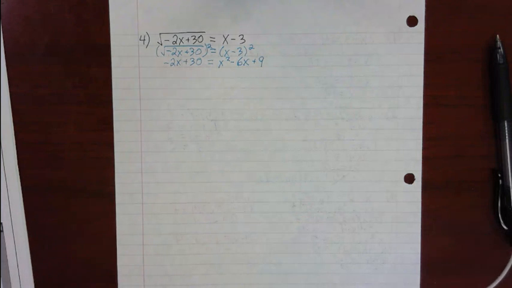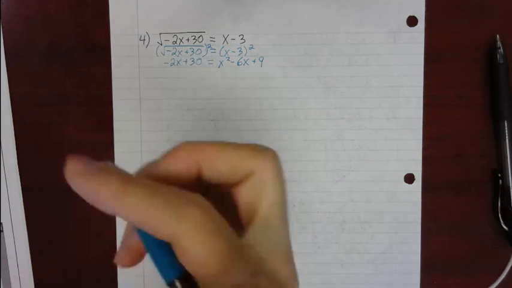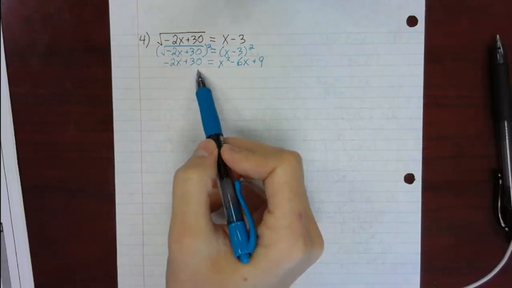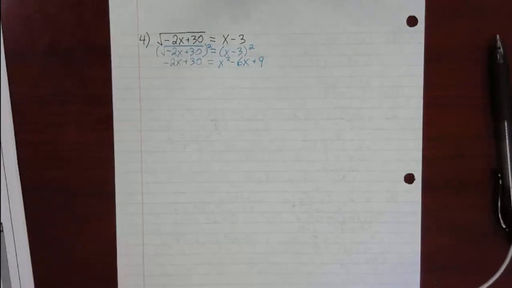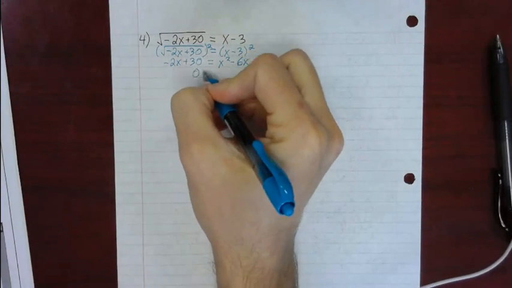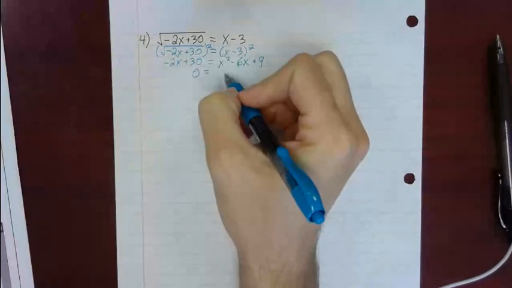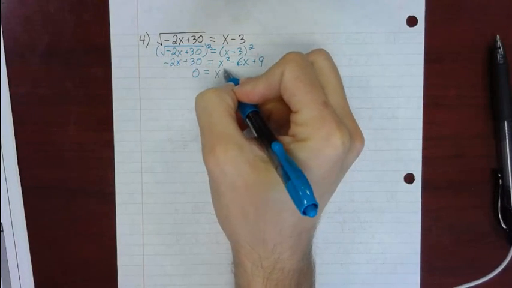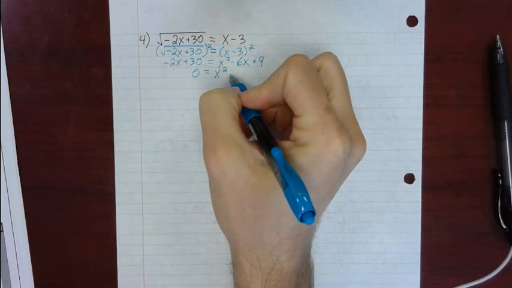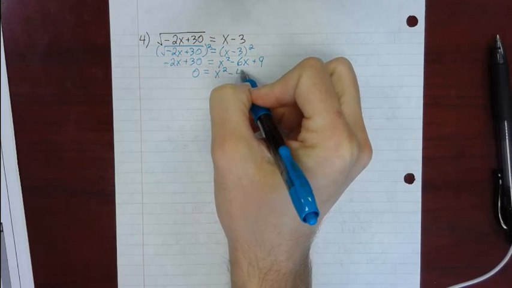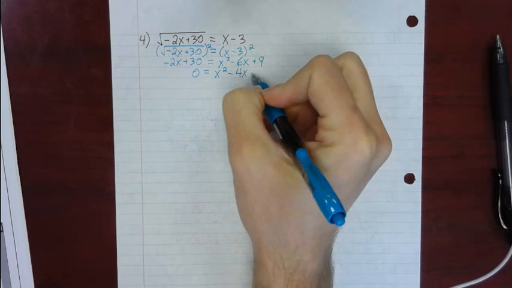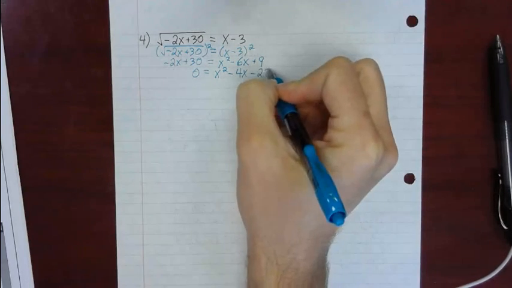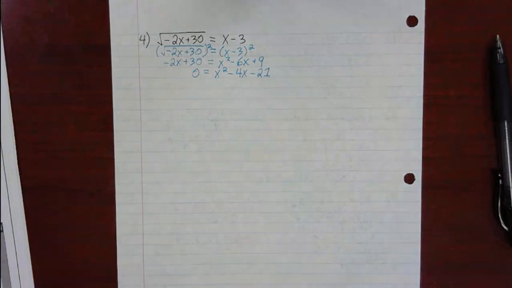Once again, we have a quadratic equation to solve. So I'm going to add 2x and subtract 30 from both sides of this equation. That would leave me with 0 being equal to x squared minus 4x plus minus 21. Now, once again, that's an equation we can factor.